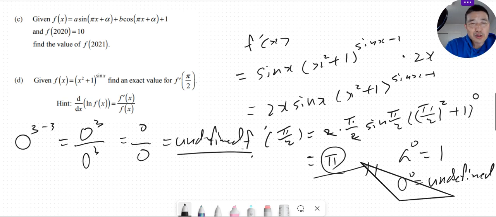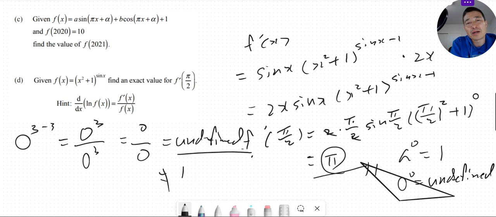Now, I was shocked. I checked this on Google calculator. It says it's 1. That's not acceptable. It's not 1. That's undefined.